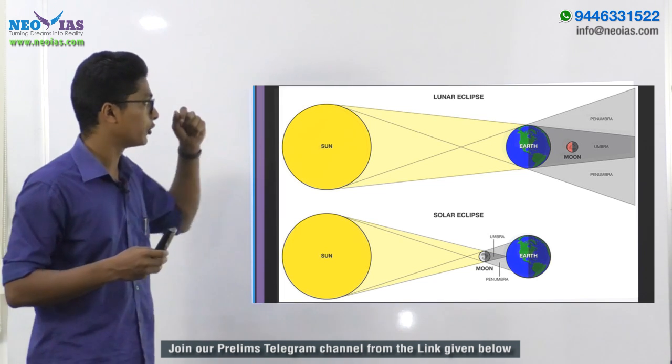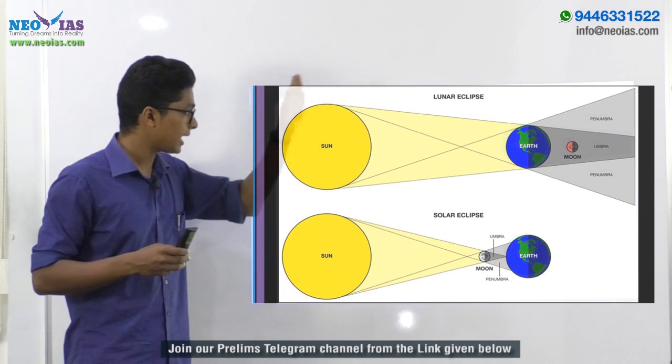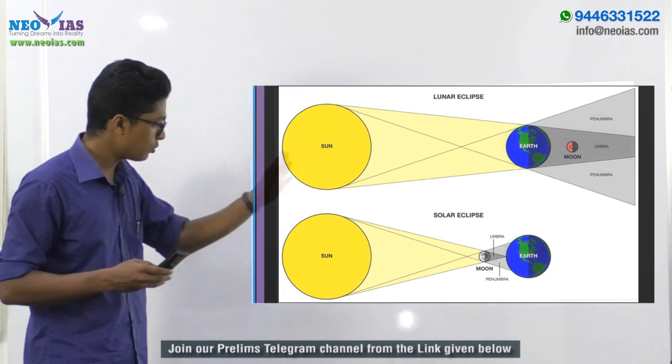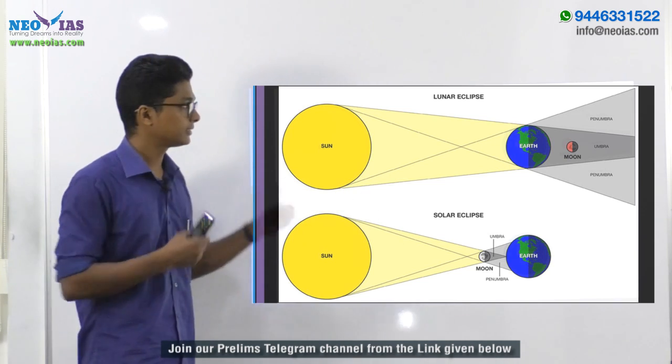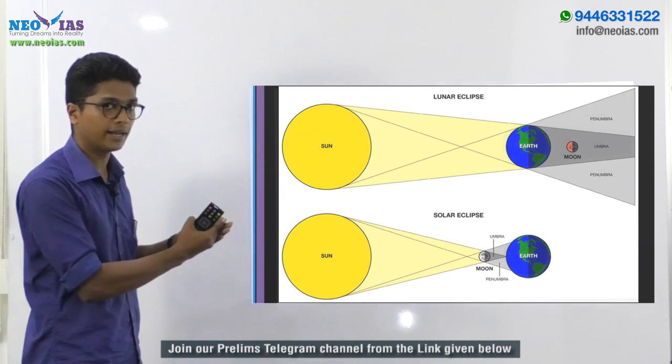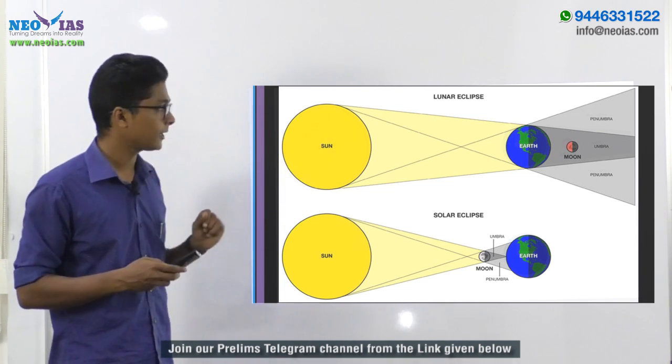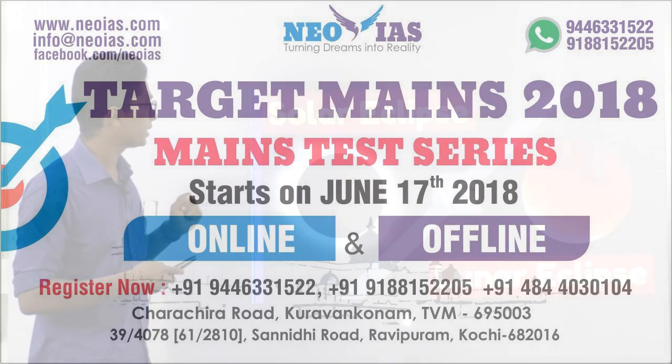You have to remember this: during the lunar eclipse, the earth is in between sun and moon, and during the solar eclipse, the moon is in between sun and earth. Since these topics are interrelated, it's better to remember what an eclipse is and interrelate those concepts. Now let's go back to the question.